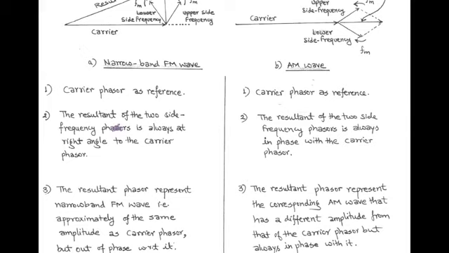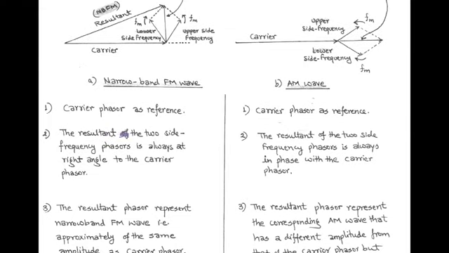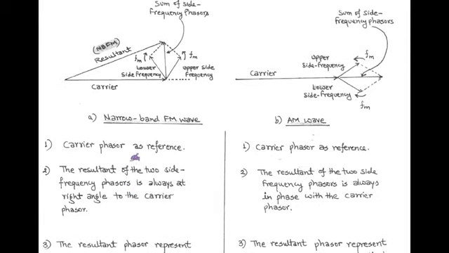The second point is, in narrowband FM, the resultant of the two side frequency phasors, that is the upper side frequency and lower side frequency, is always perpendicular to the carrier reference phasor. But in the case of AM wave, the resultant of the two side frequency phasors is always in phase with the carrier reference phasor.